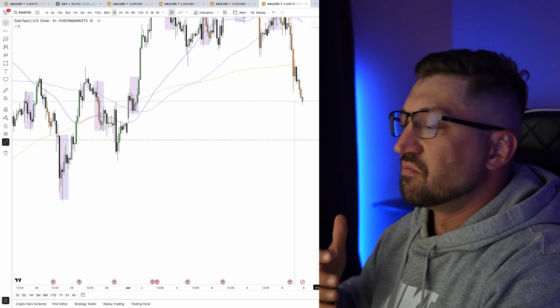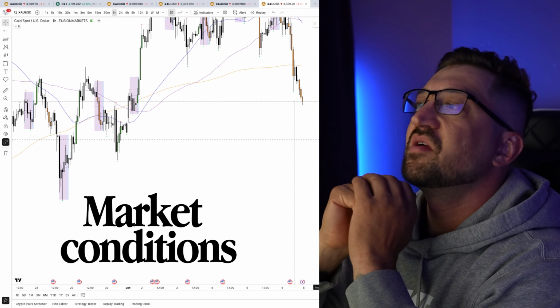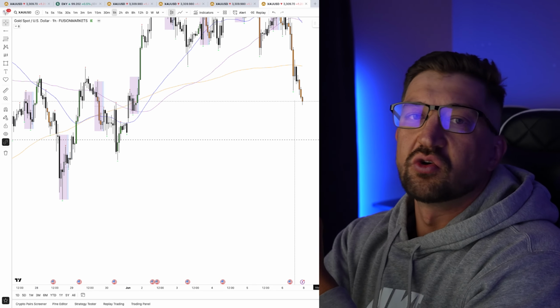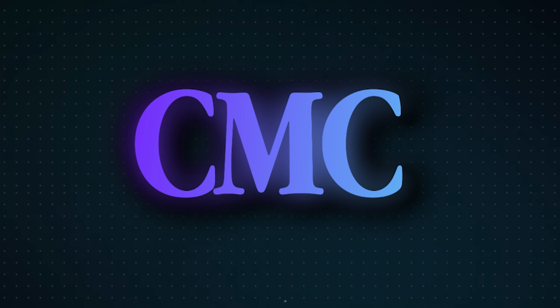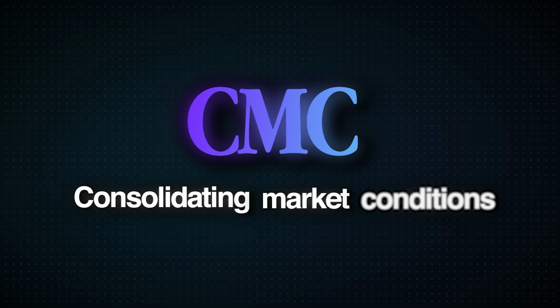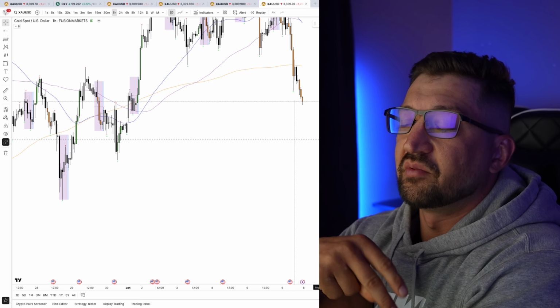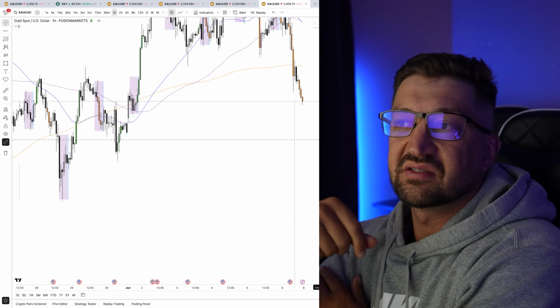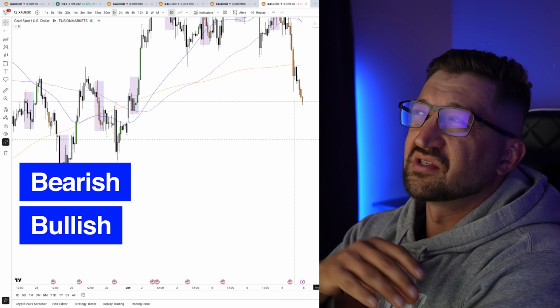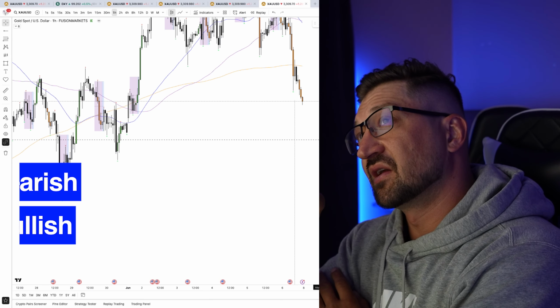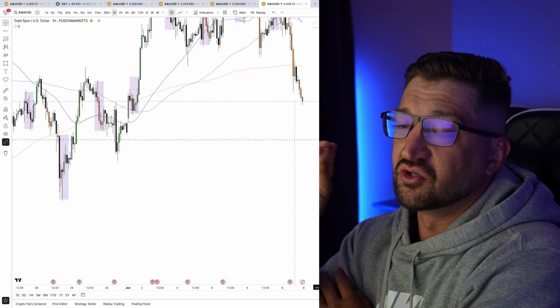When I say market conditions, not every market can be treated the same. So we have the first condition I'm going to talk about, which is CMC, and that is consolidating market conditions. Then we have a couple different types of CMC, bearish and bullish. So essentially you have 3 different consolidating market conditions. I'm going to break them all down and show you the difference.